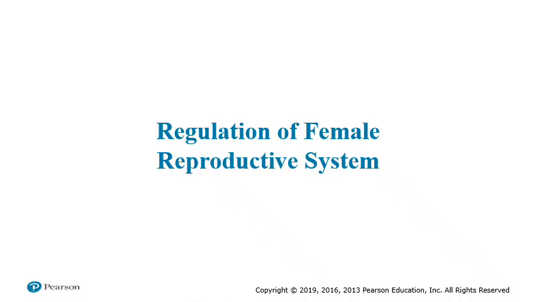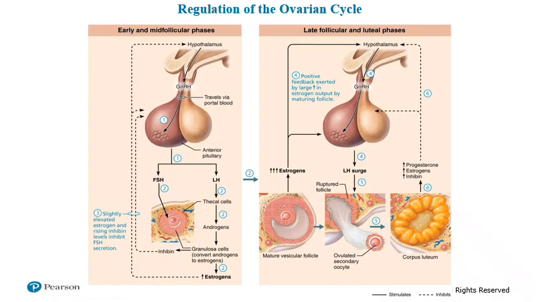Now let's go to the regulation of the female reproductive system. Let's take a look at the hormonal regulation of the female reproductive system. Just like what I mentioned, before puberty, the ovaries secrete small amounts of estrogen already.